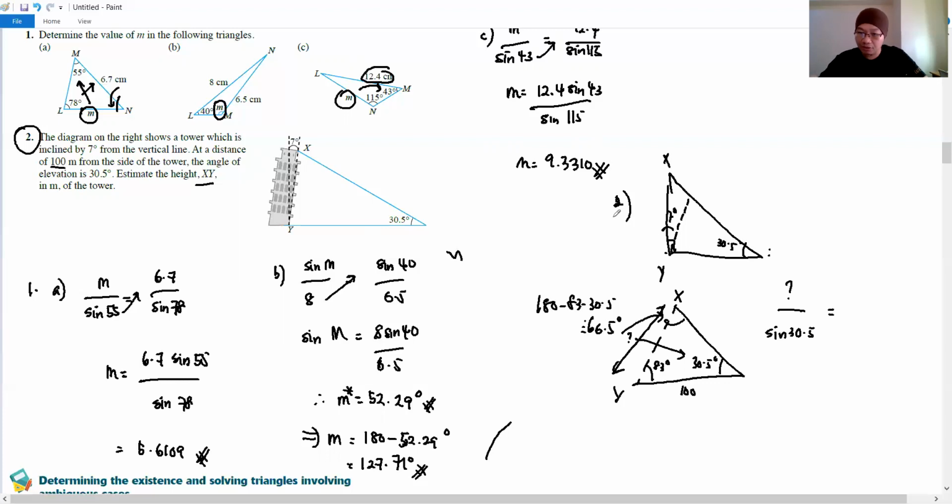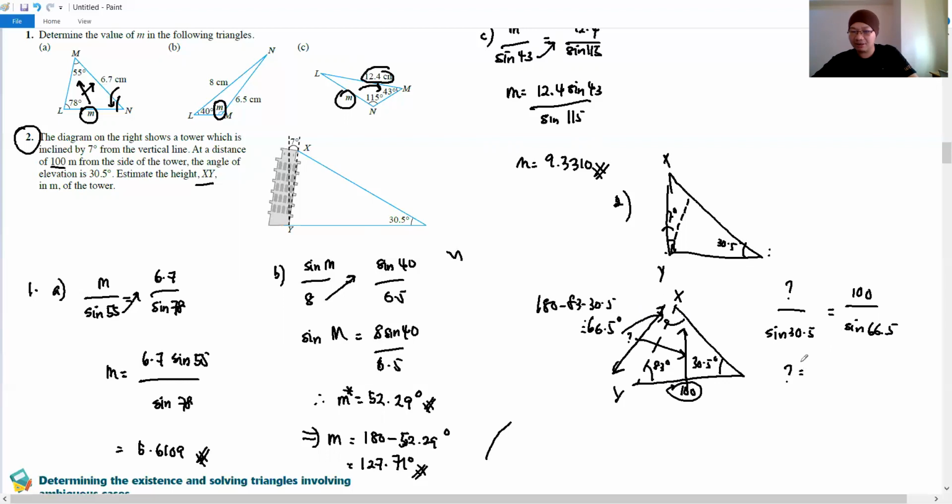It must be equal to, you need to find the next pairing. The next pairing is, we got 100, right? The 100 is paired with this angle, which we already obtained, 66.5. So it equals 100, the length, over sine 66.5.